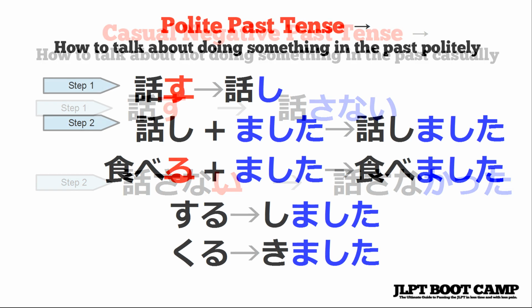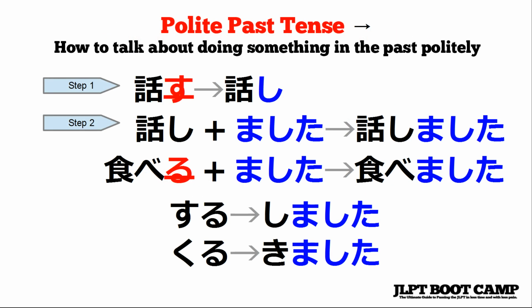And then for polite past tense, you have to change the last kana to the e row of kana. So hanasu becomes hanashi, and you just add mashita to that. So hanashimashita. For ichidan verbs, the easy ones, you just cut off the ru and add mashita. For suru and kuru, just change to shi and ki and add mashita.